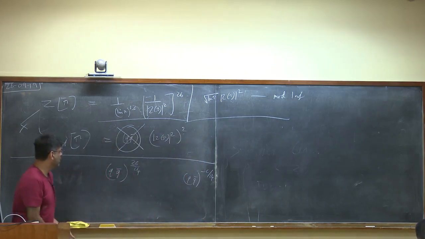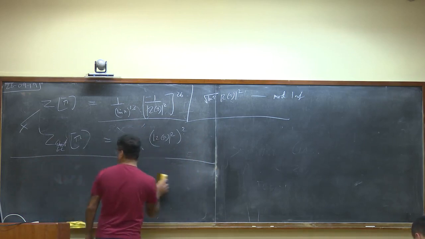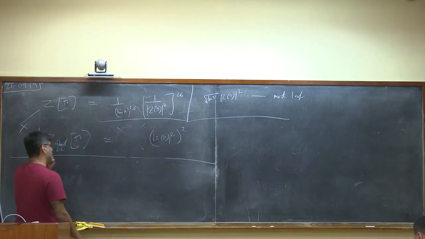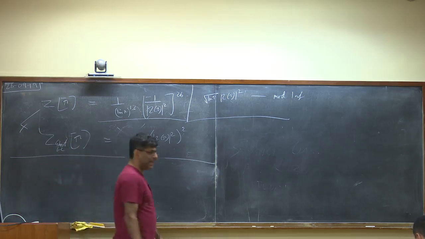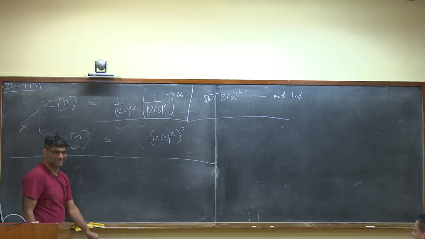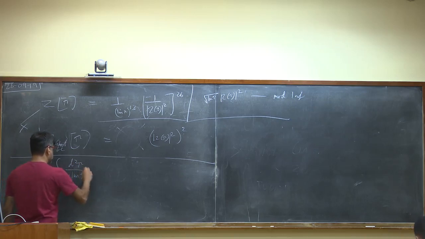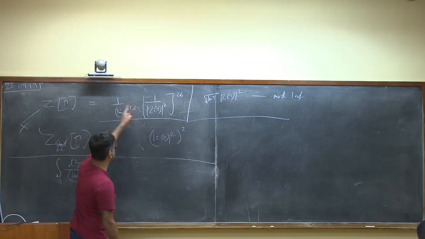Okay, clear? Now that we've got this, we've got a nice modular invariant answer separately for the ghosts and the matter. And what remains is now to integrate over the moduli of the torus. So we want to do d^2 tau divided by Im tau times the product of these two things.